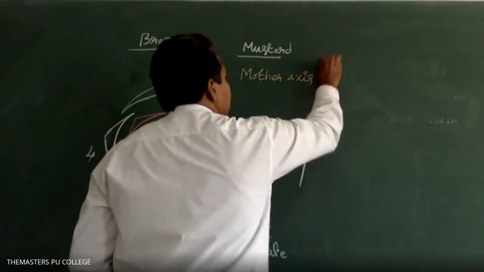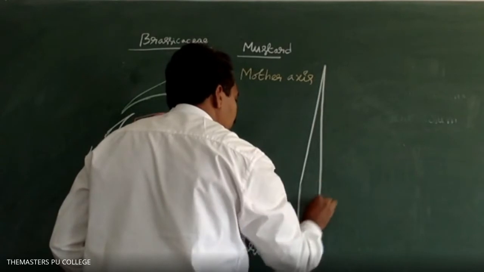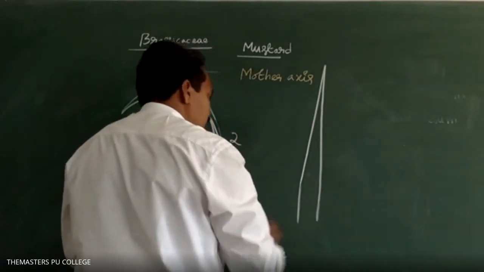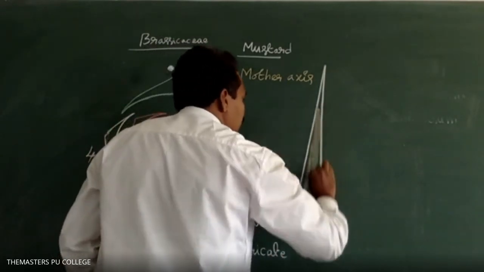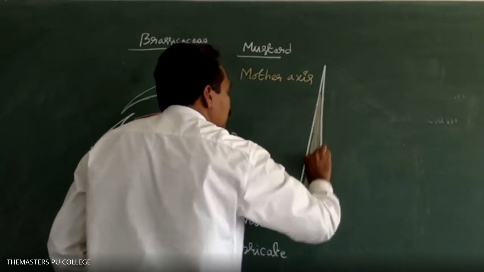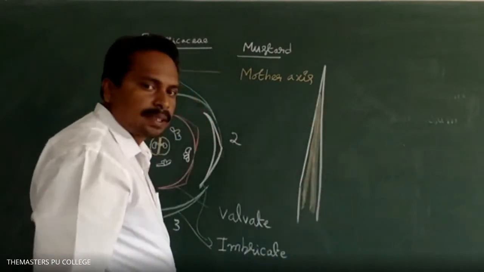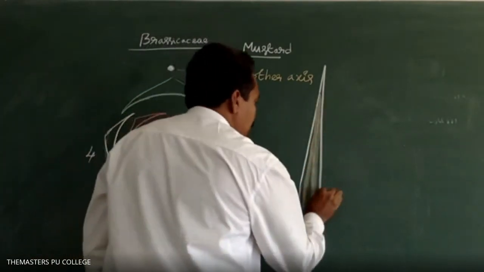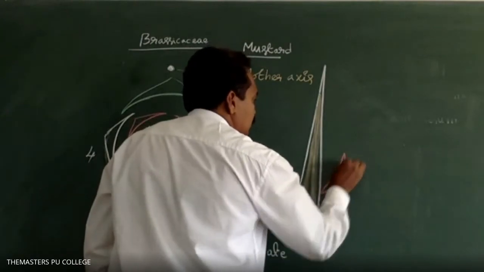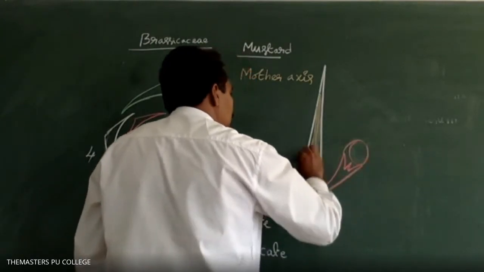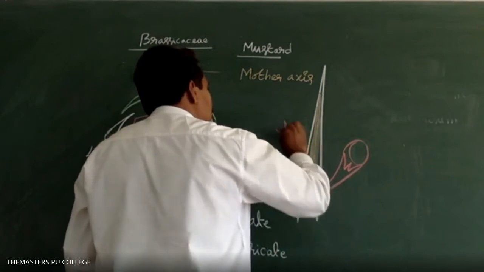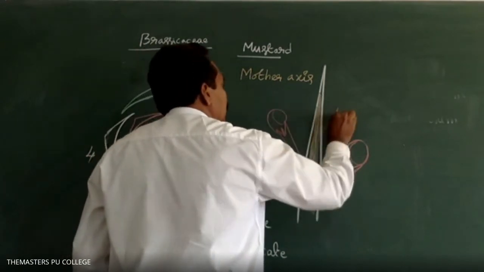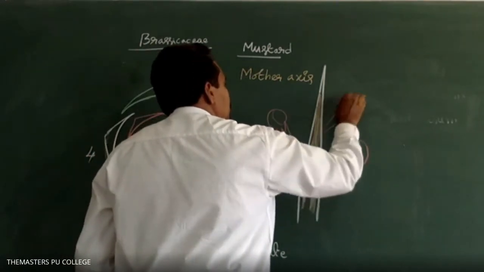Yes, here the inflorescence axis. What is the type of the inflorescence? Racemose, that's the most common.